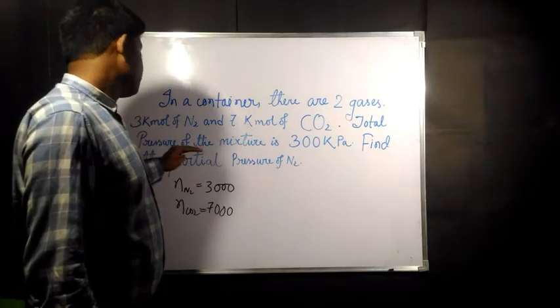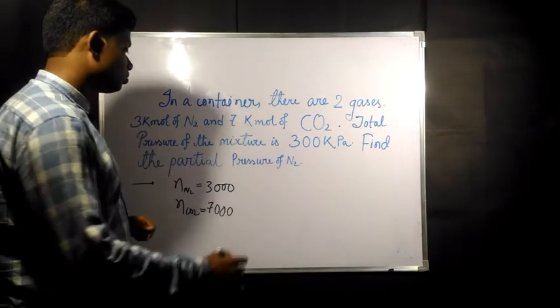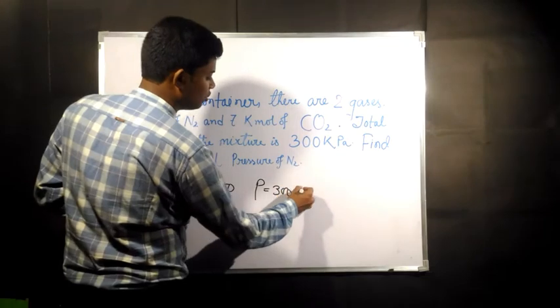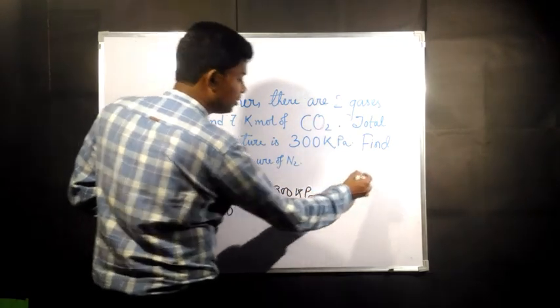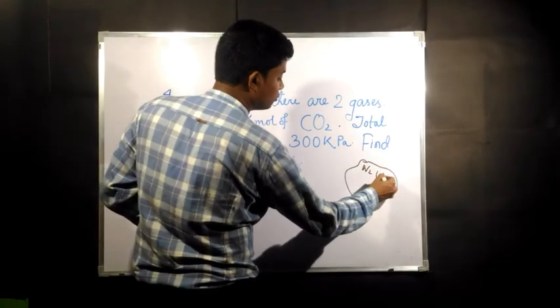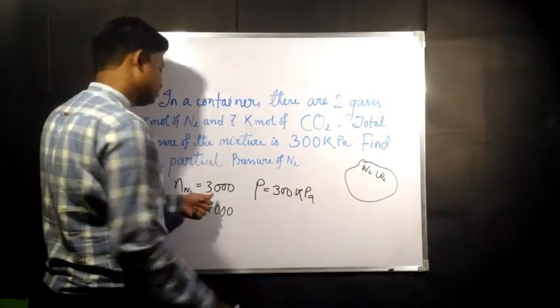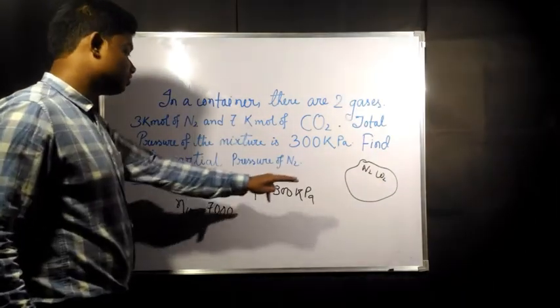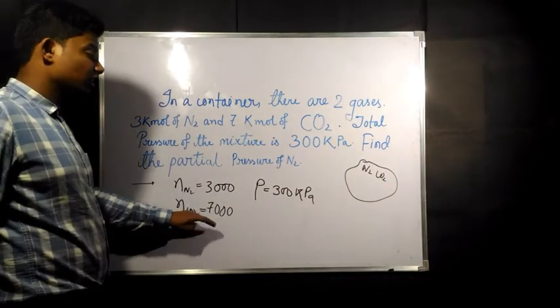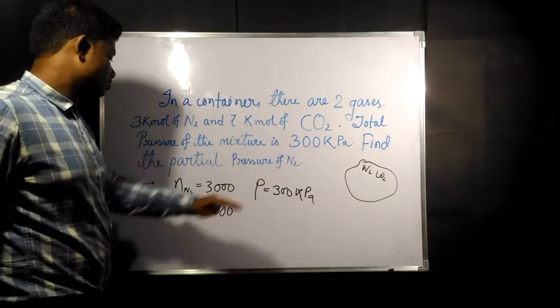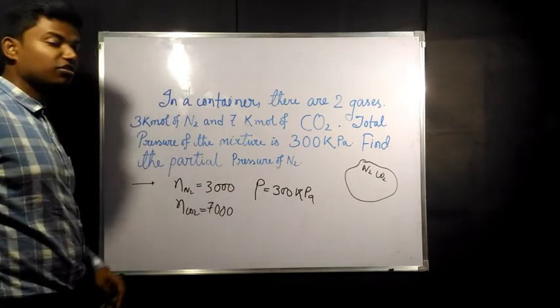The total pressure of the mixture is given as 300 kilopascal. So there are two gases, N2 and CO2, with 3000 and 7000 molecules, and we need to find the partial pressure of N2.